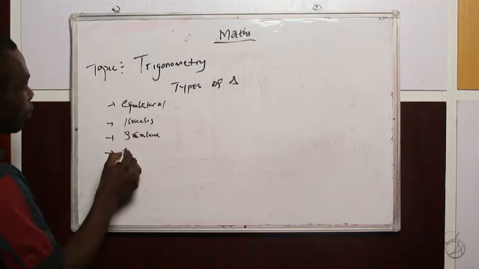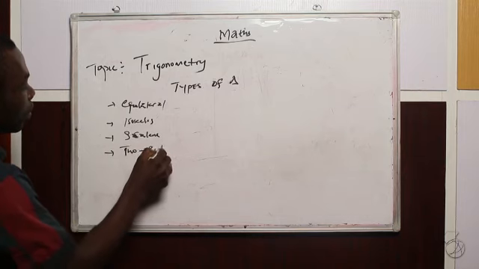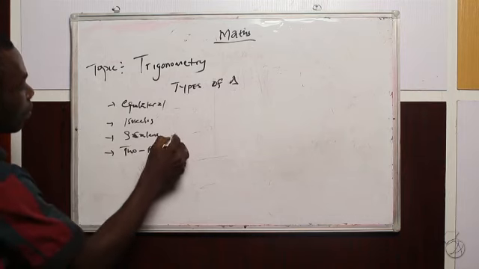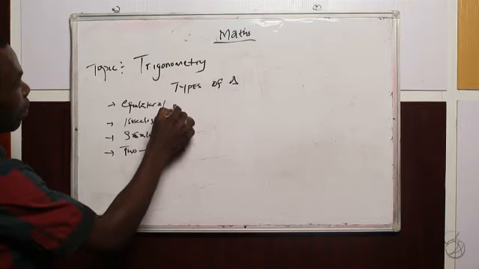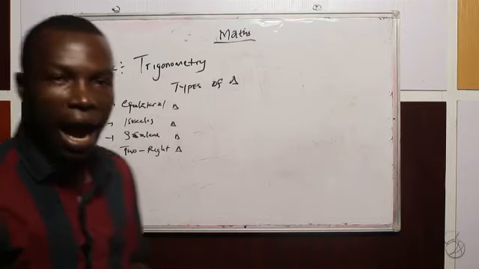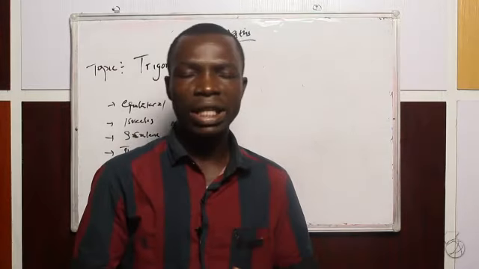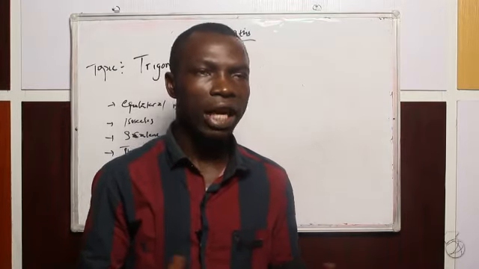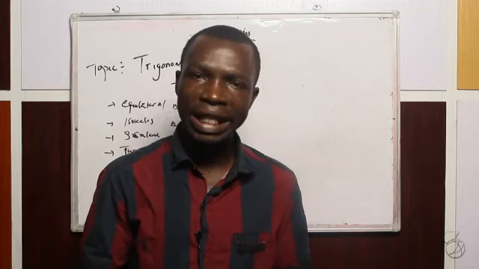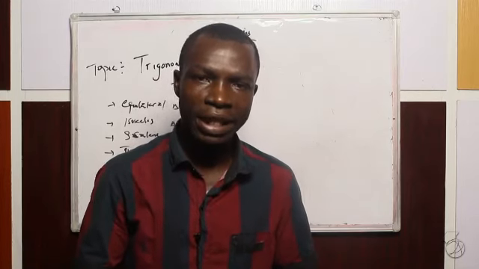We have the right angle triangle. This triangle has an embedded angle within it.